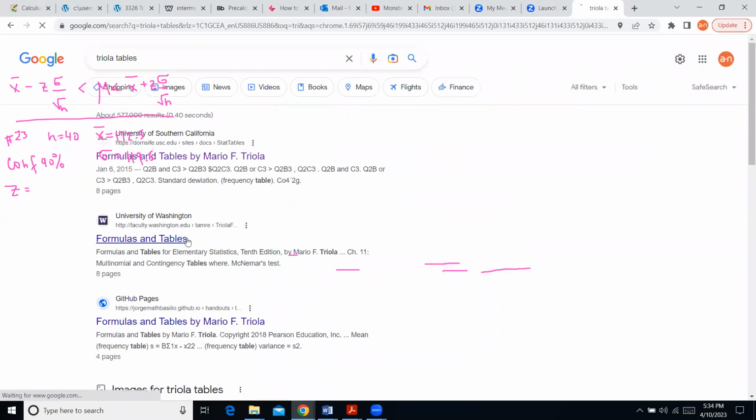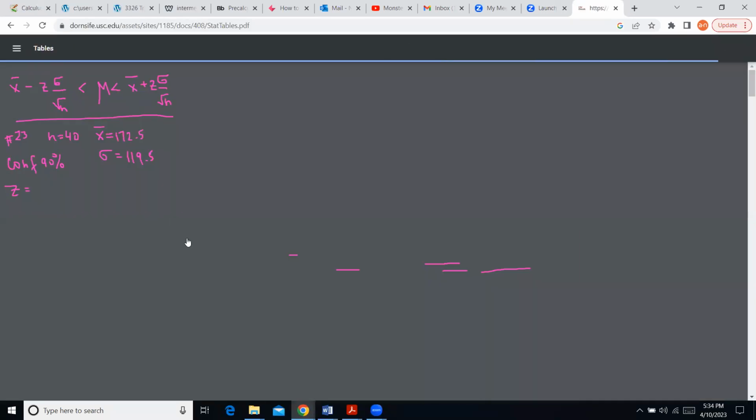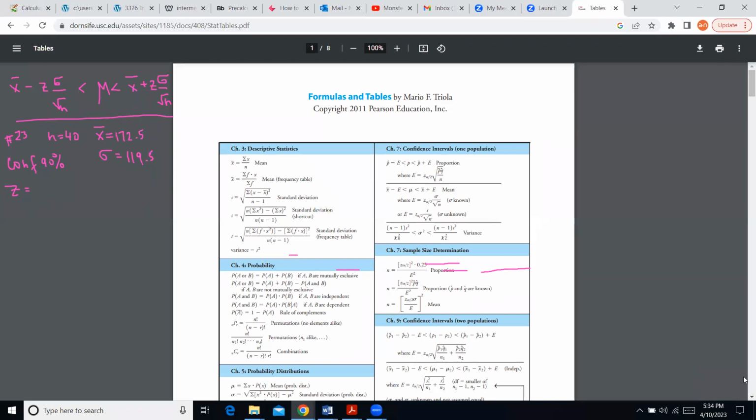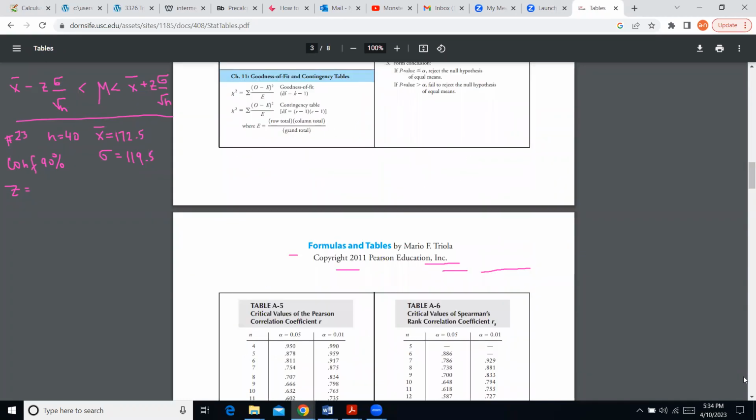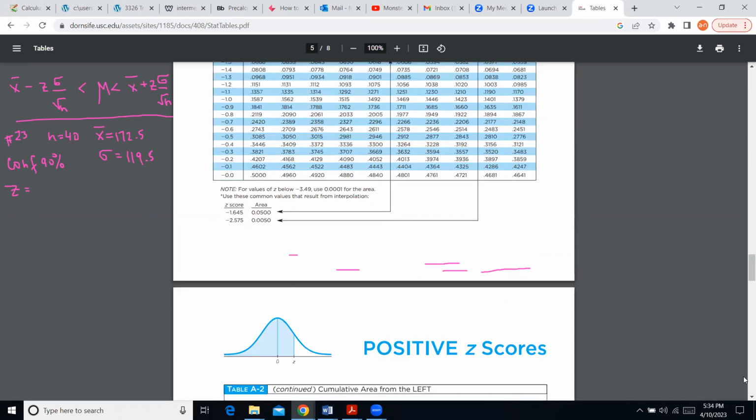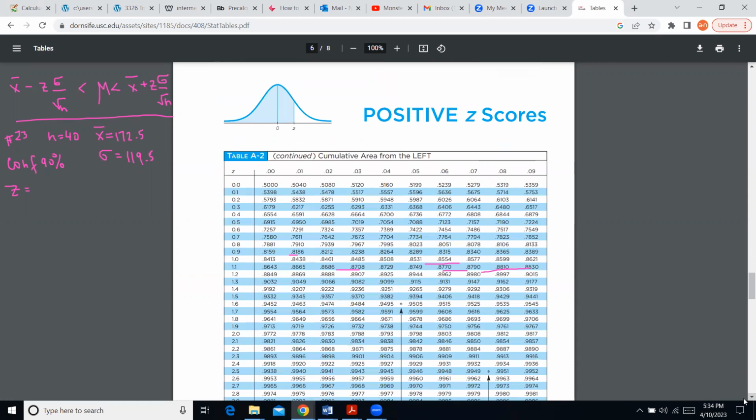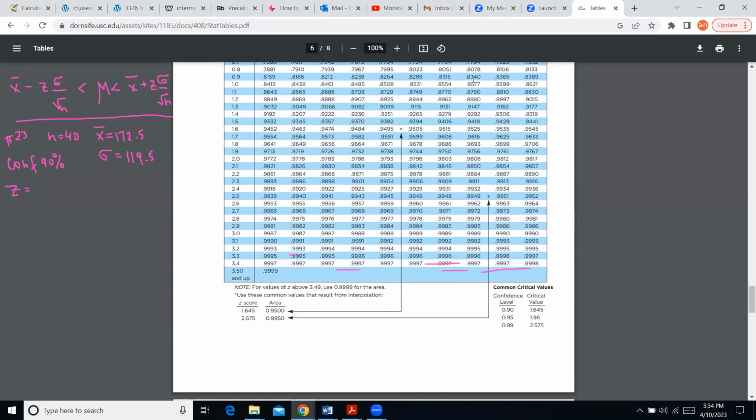So usual procedure, select the first choice, and then the normal distribution that has this little chart at the end of positive z-scores. We even had a quiz on that. So they say it's 1.645 whenever you have a level of confidence of 90%. So I just get this right away. And we are ready to get the answers.